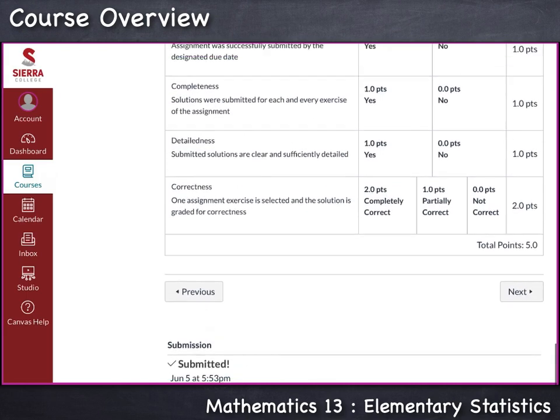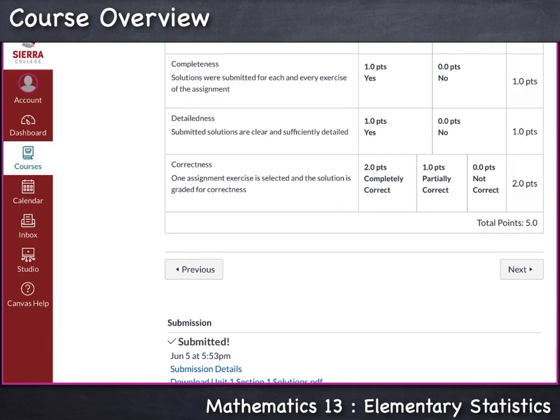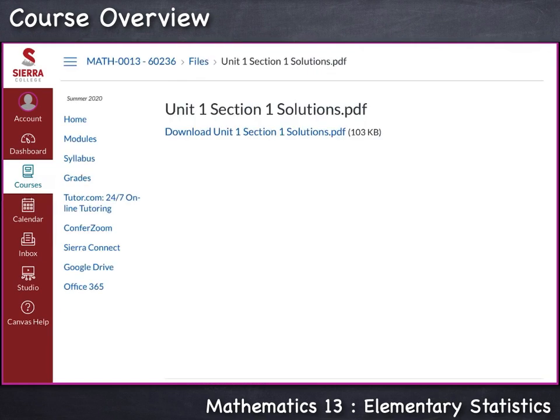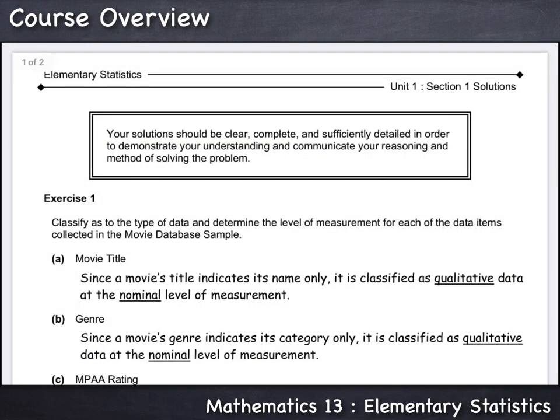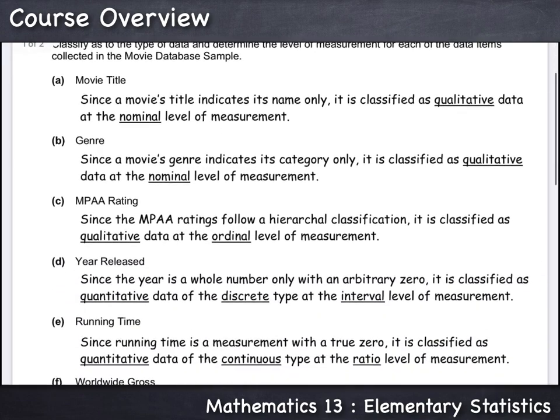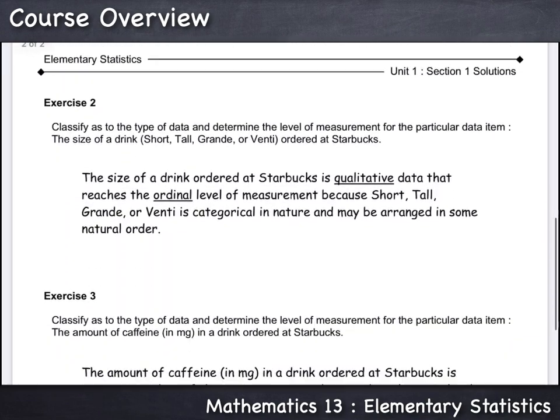So now that we've successfully submitted the assignment, we can go and click on the Next button, because once we've submitted the assignment, these solutions are available to us. So we can look at the solutions to check our answers on the homework to make sure we were really understanding the concepts that were being covered.